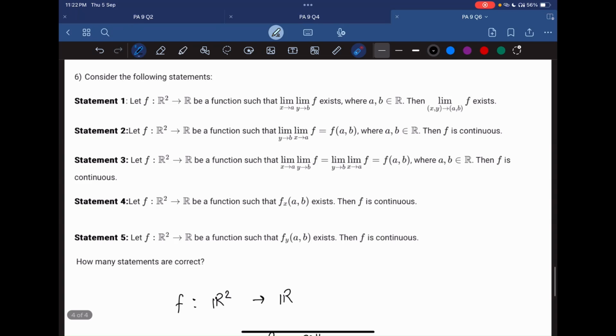Now let's look at the first statement. The first statement says: let f be a function such that the limit as x tends to a, of the limit as y tends to b, of f exists, where a and b are some real numbers. Then the limit as (x, y) tends to (a, b) of f exists.